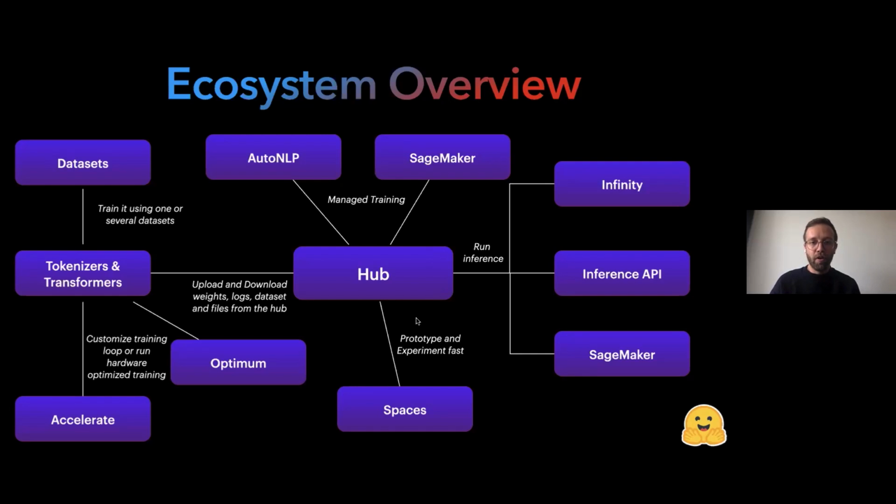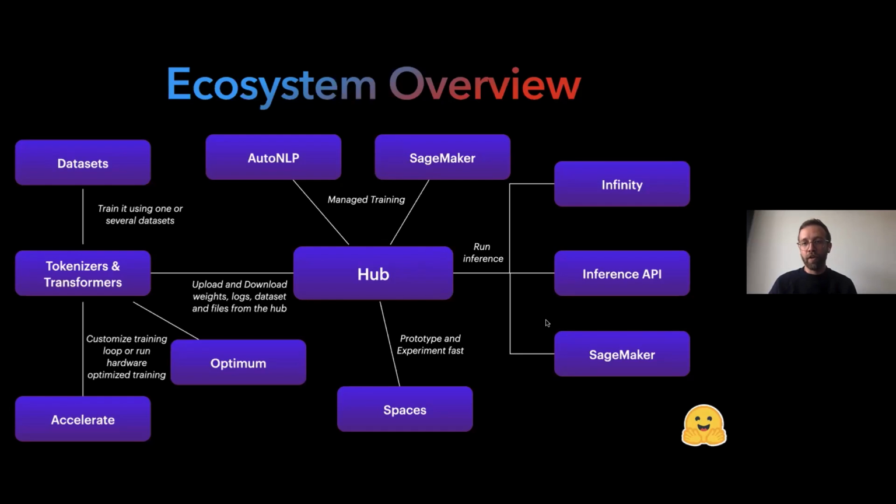There are a few other pieces that are very exciting. On the one hand, we have integration with AWS and SageMaker, so you can train models with SageMaker, and you can also serve models with SageMaker.